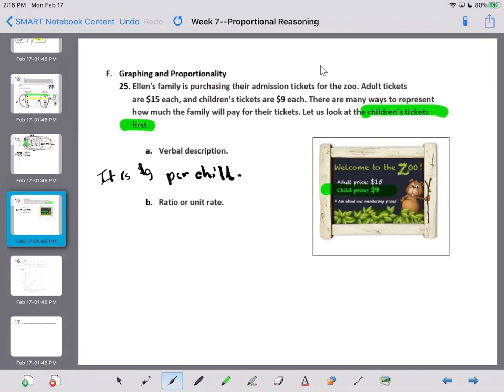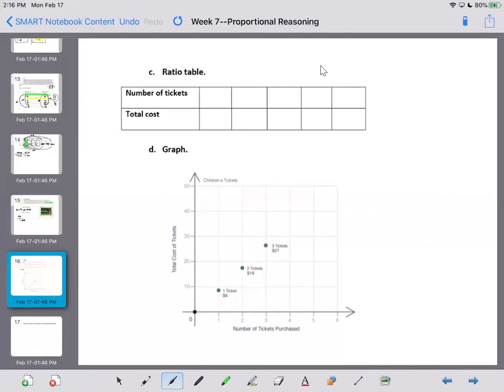Now, what would be the ratio or the unit rate? Well, that unit rate would be $9 per 1 child. What about a ratio table? Well, if we know that it's 1 ticket, especially for the children, and it's $9, then what would it be for 2? Well, that would be 18. What would it be for 3? Well, that would be 27.